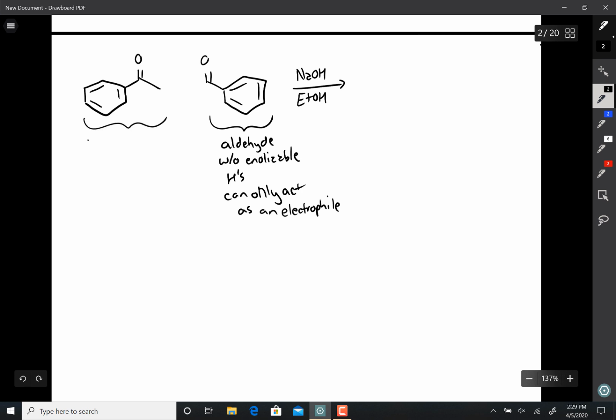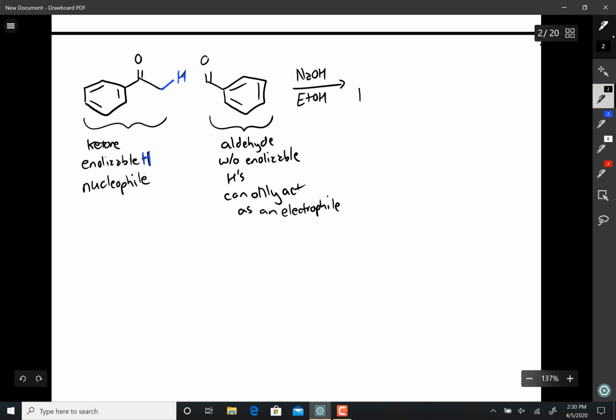And this right here is a ketone. It has an enolizable hydrogen. I'll just highlight that in blue. Meaning this is your nucleophile.